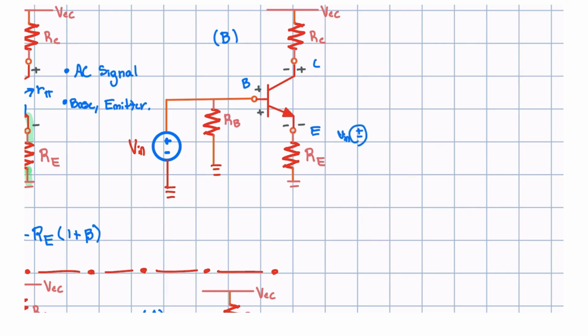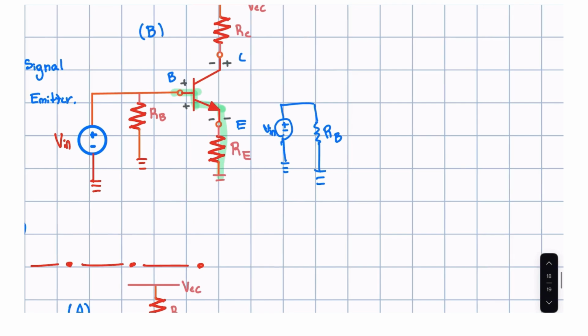Where we have Vin, which goes to a resistor RB. Now I'm going to model this part here. Let's remember we have a resistor right here called R pi, so let's implement this resistance, and let's implement RE too.